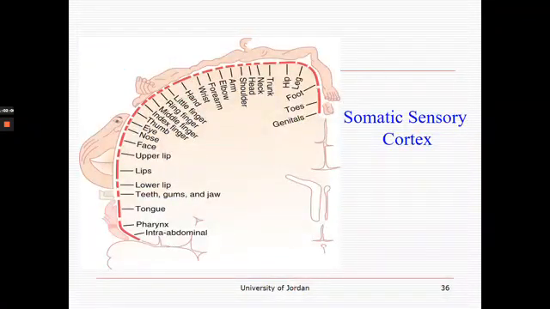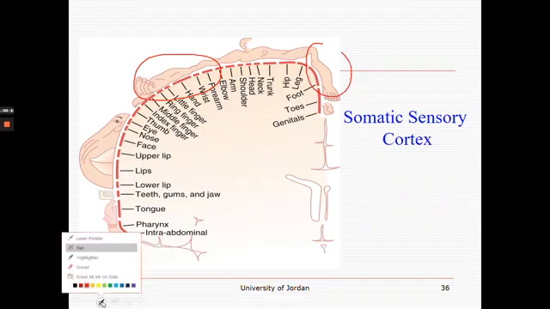Look here, the same thing: our face, lips, hands, upper limbs, fingertips, and lower limbs, a very small area. So this is the representation.